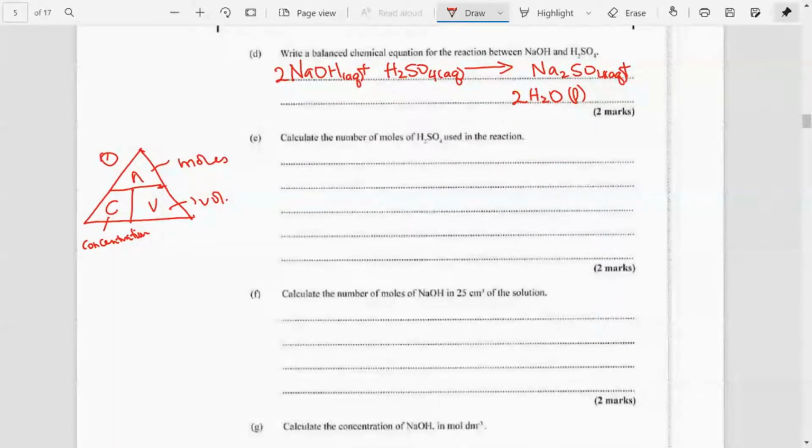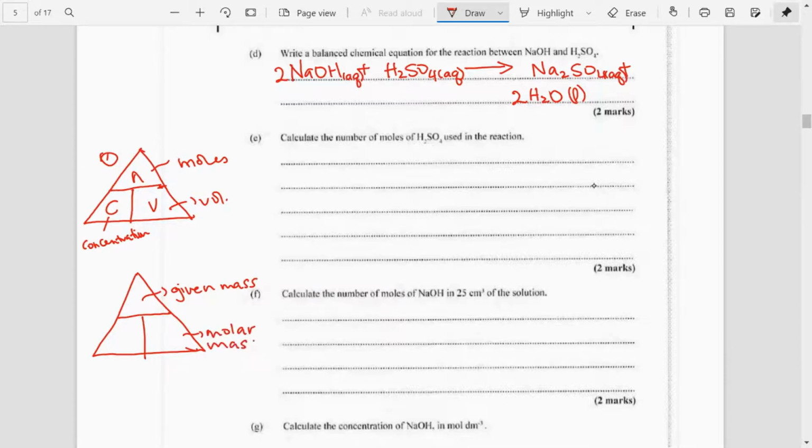Let's look at another one. To find moles, if we're given a mass and you know the molar mass, you can find moles.